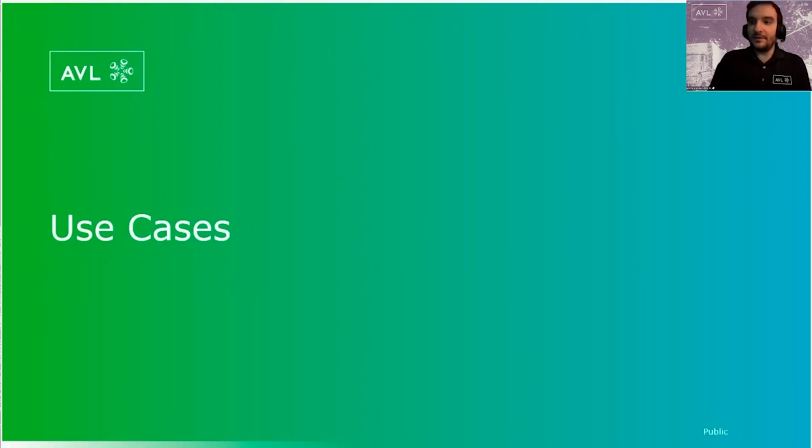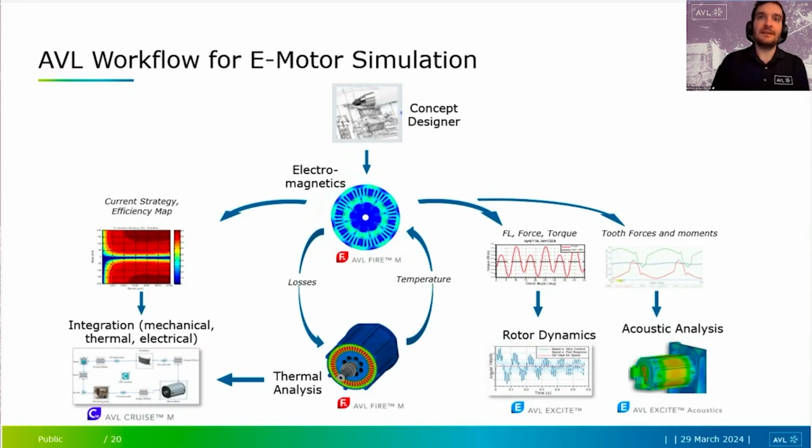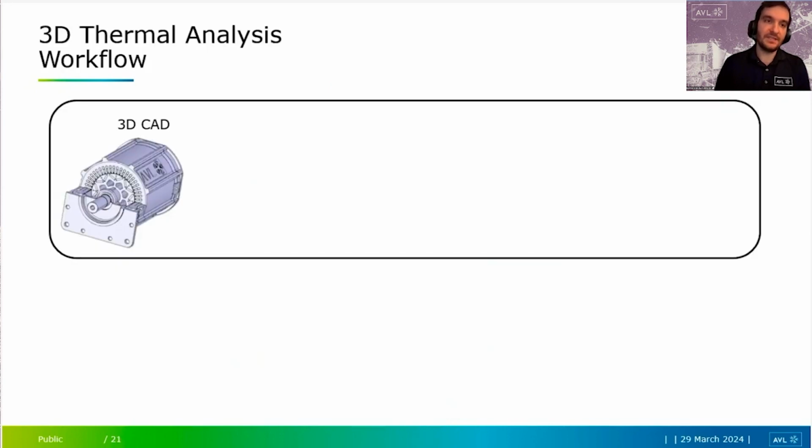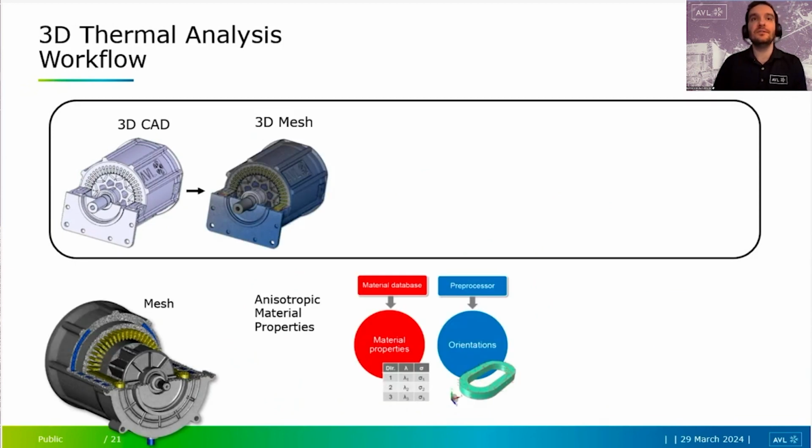So we're going to talk about some use cases here. So this is that map again, and I'm isolating it down to the thermal analysis. So we're only going to be talking exclusively in 3D CFD. So this is the workflow that you would do for a thermal analysis. So you guys who know CFD, you understand you have a 3D CAD, you do the mesh.